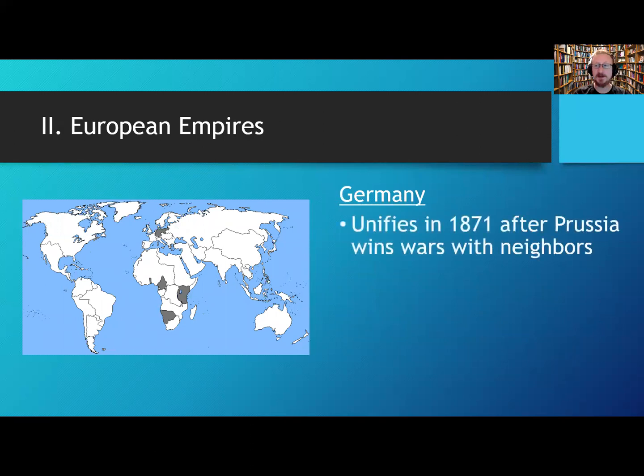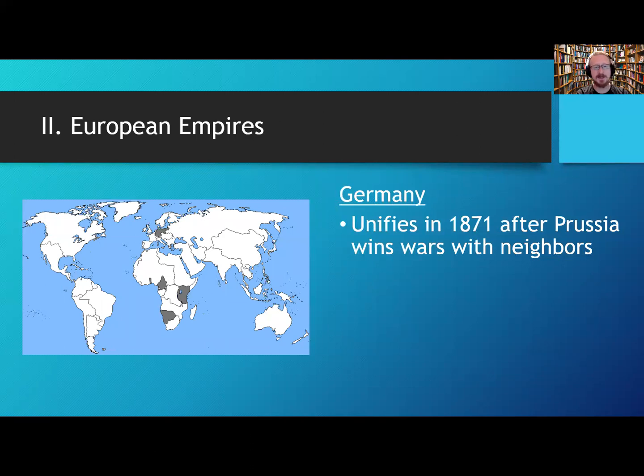We also get Germany. Now, Germany, I hate that I'm not going to spend any time on this whatsoever. The story of unification of Germany is actually a really cool one. And so it makes me sad that I don't have any time to talk about how Germany becomes unified. It's discussed in your book.